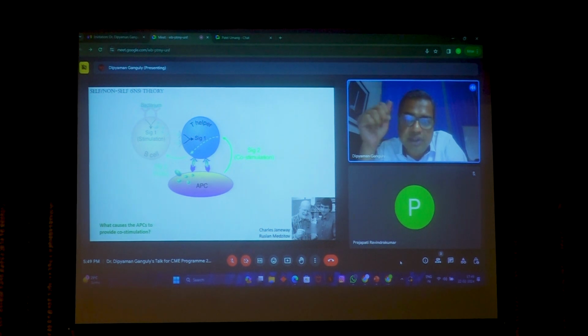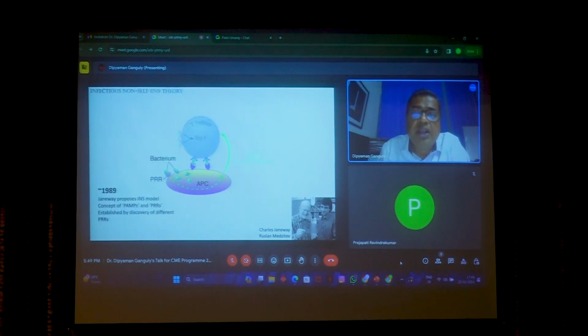And he termed them pattern recognition receptors. The first of the pattern recognition receptors that was discovered was by his postdoc, Ruslan Medzhitov, in his lab. That was TLR4. In parallel, another lab, Bruce Beutler's lab in California, also cloned one of the first PRRs, which is again TLR4. And so there was a big change in the model.